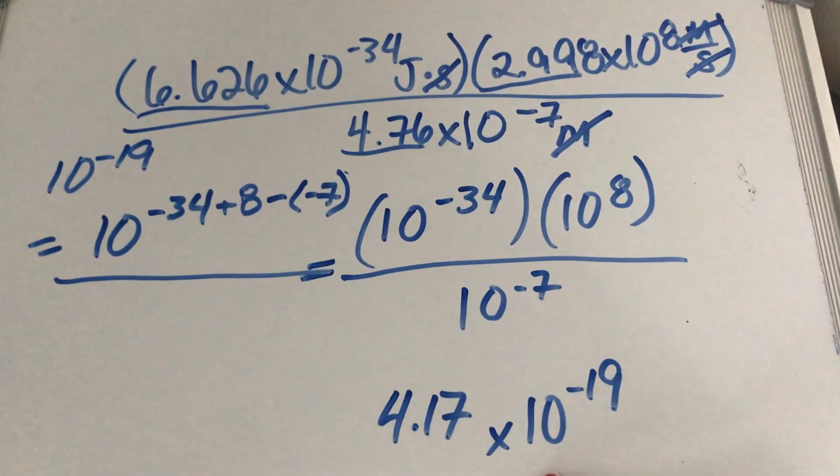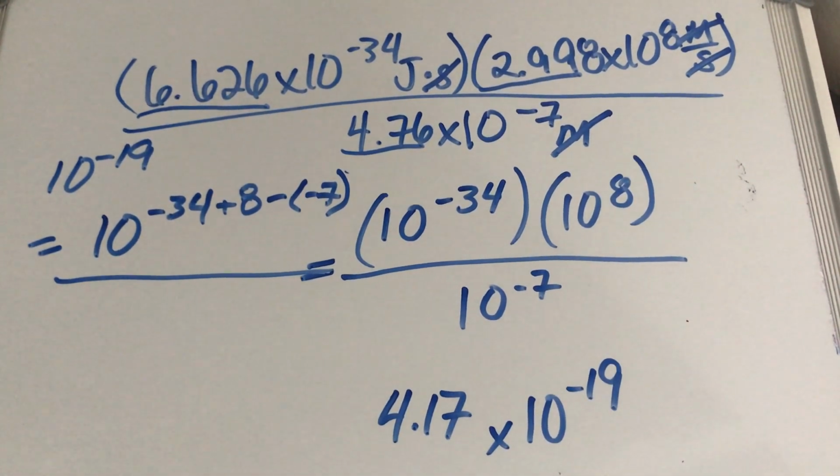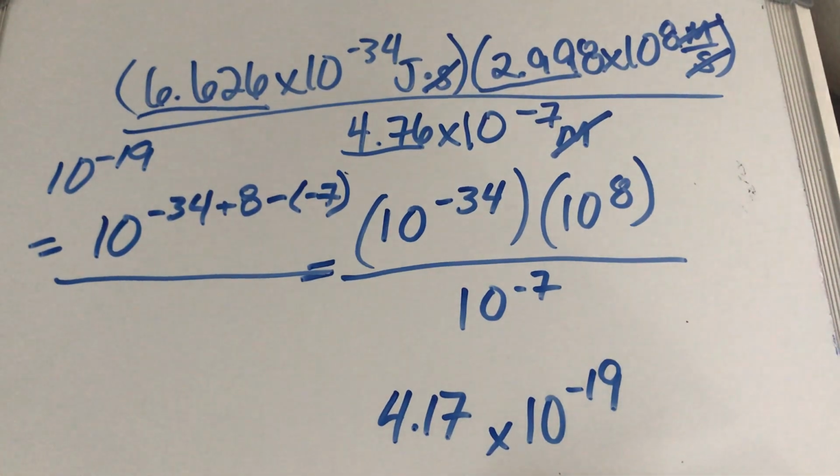So by being able to do something like this, as you're getting familiar with your calculator, you're able to check your work. Personally, that gives me a lot more confidence when I'm on a quiz or a test, knowing that I can do this without a calculator, at least just to double check myself.